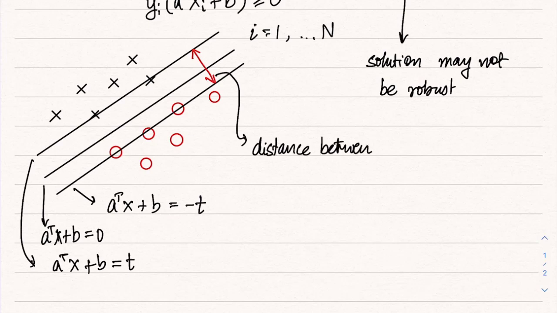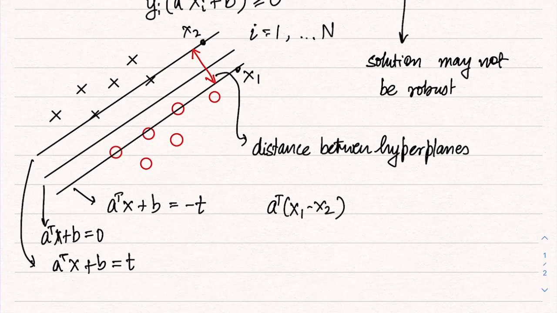We have already seen how to calculate the distance between parallel hyperplanes. So we can assume that there is some point x1 here and there is some point x2 here. Then, by using the Cauchy-Schwarz inequality, A transpose (x1 minus x2) is less than or equal to norm of A times norm of (x1 minus x2).